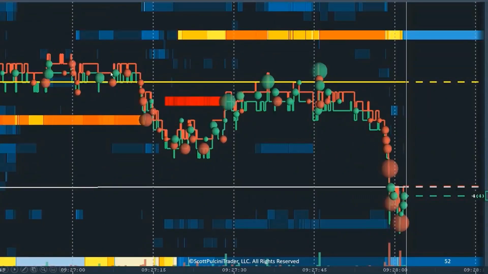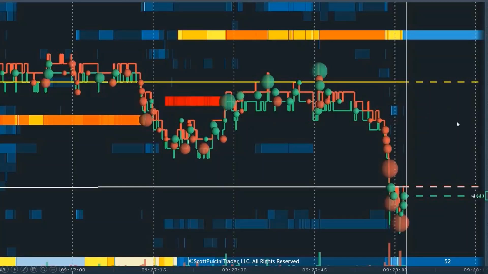Another example. Price comes down, those buy orders get filled, but you see they sell more. Those are highly likely the same ones who bought over here. They decide to sell over here, and they actually sell more contracts than they bought over here. So they are completely flipping sides.